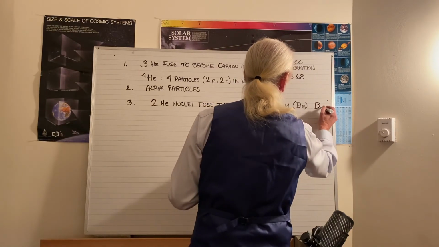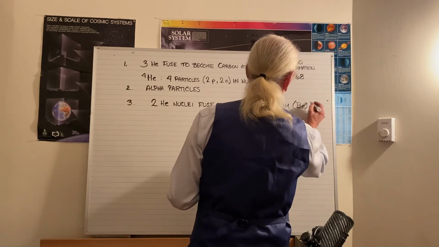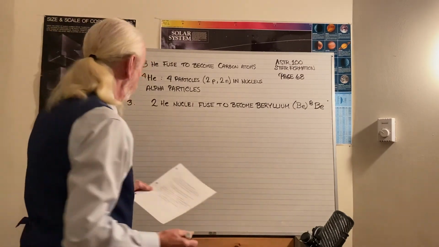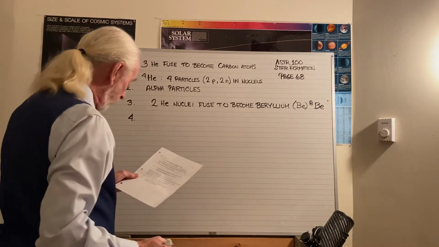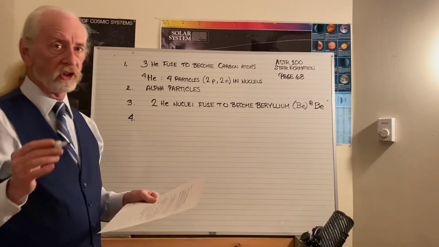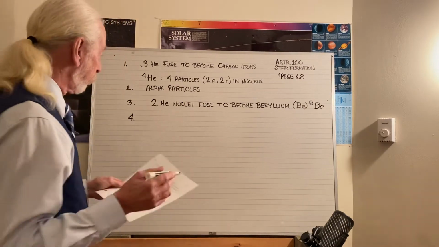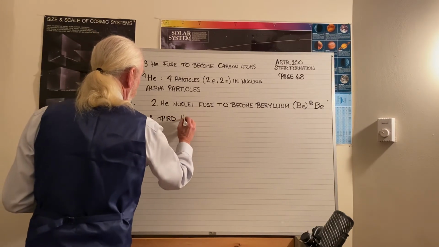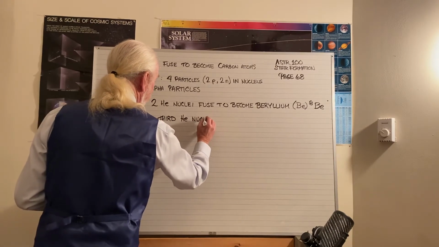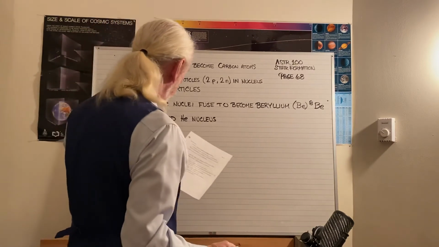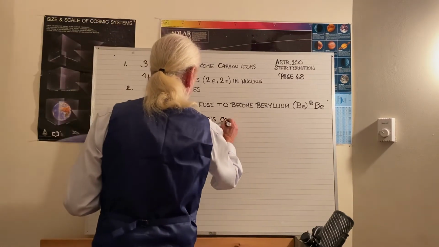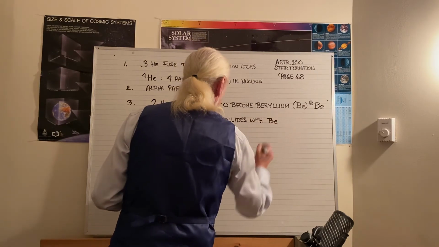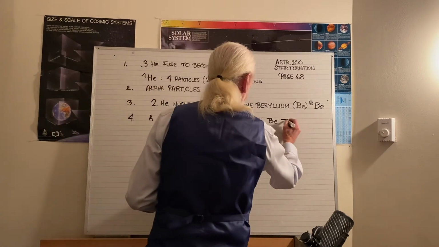So we would write it like so. 10 to the negative 8 seconds later, that is 10 billionths of a second later, a third helium nucleus collides with beryllium. To become carbon.